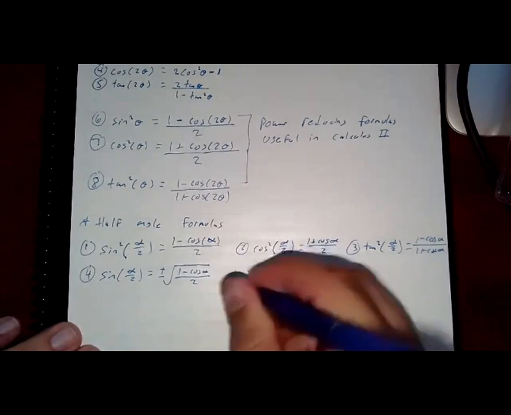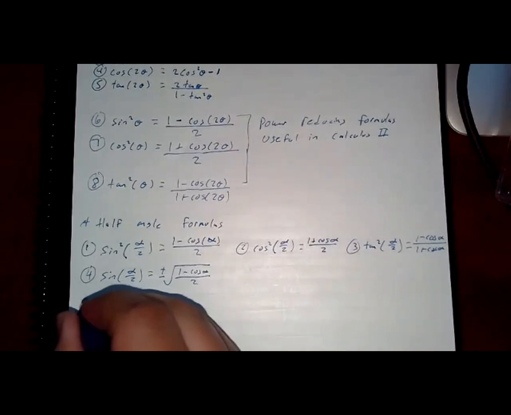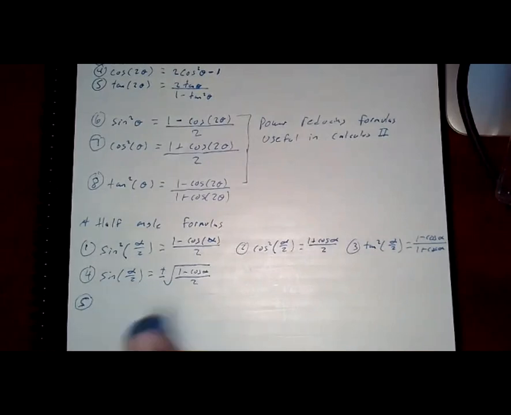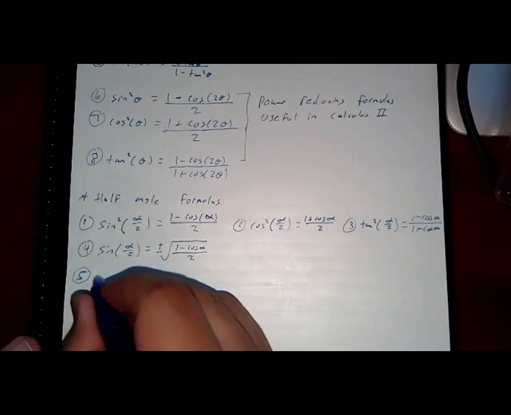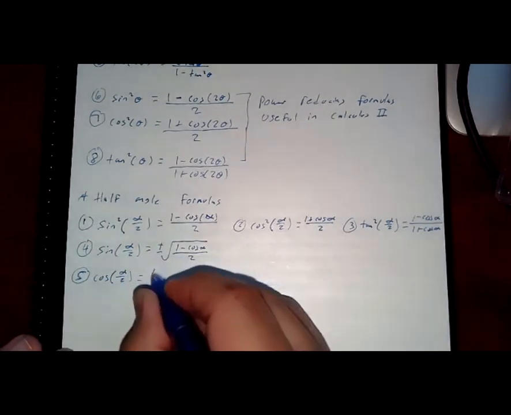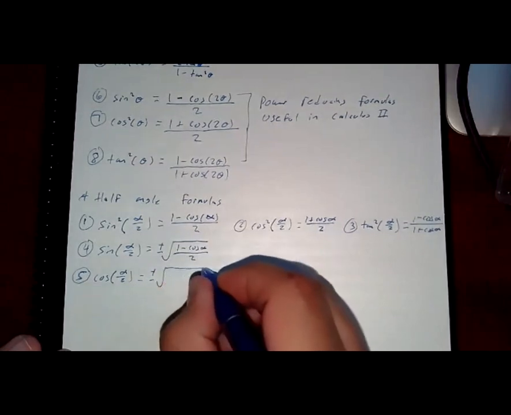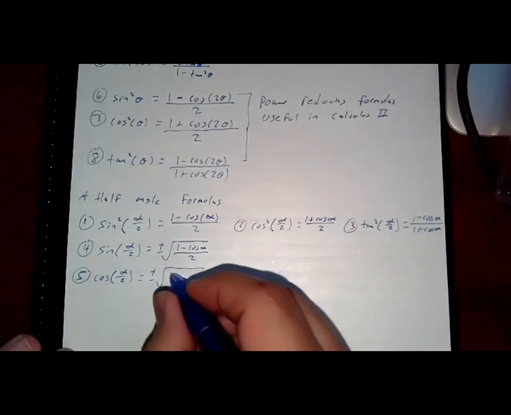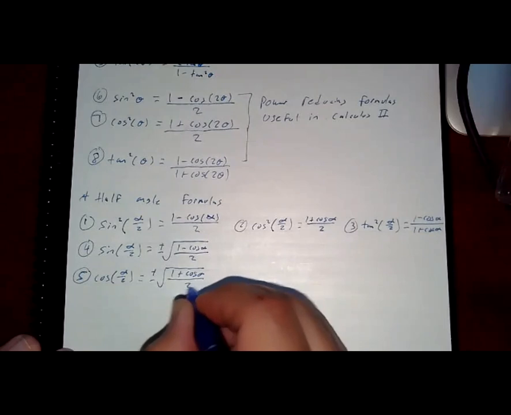That's fine. Number 5, cosine alpha over 2 is equal to plus or minus the square root of 1 plus cosine alpha over 2.